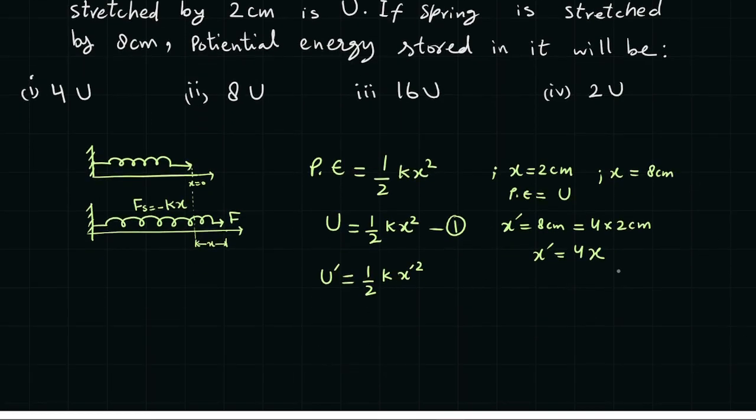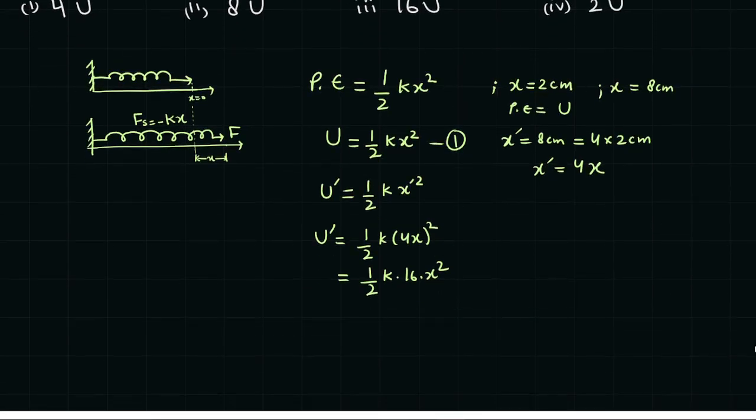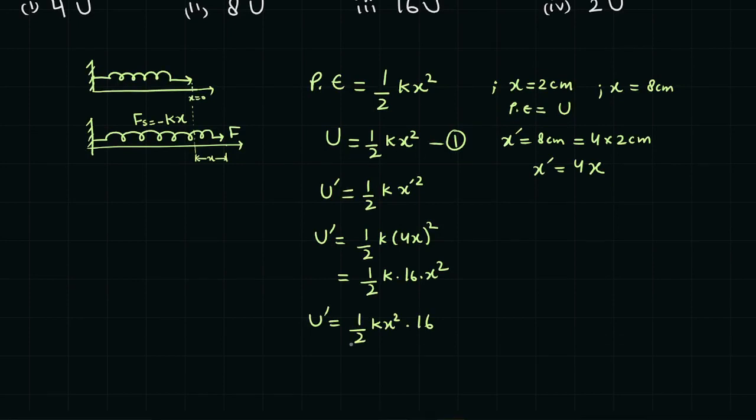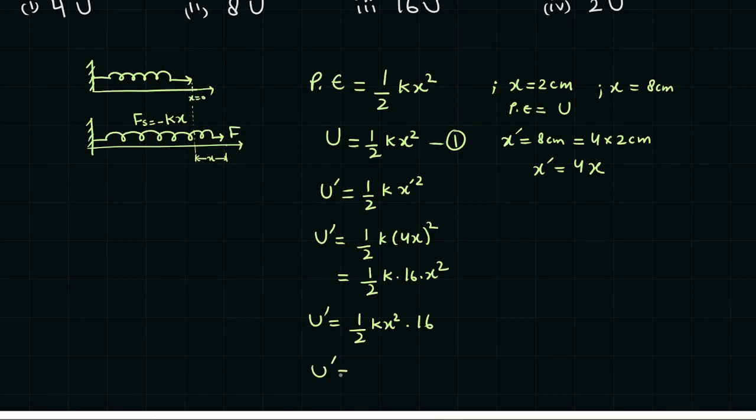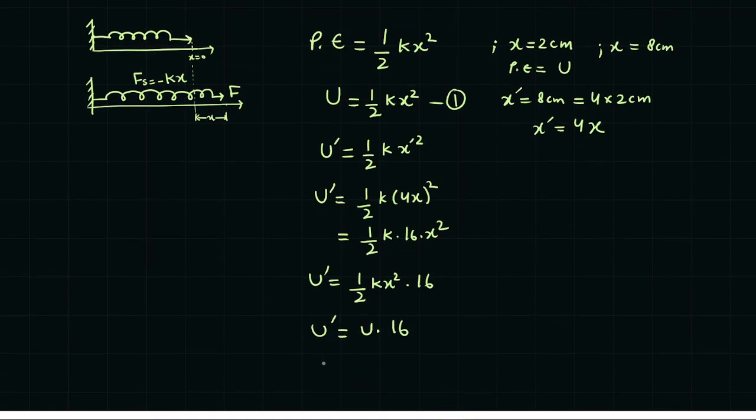We know x dash is 4x, so U dash will be 1/2 k (4x)², that is 1/2 k times 16x², or U dash is 1/2 kx² into 16. We know the value of U is 1/2 kx², and we can substitute it here. U dash will be U times 16, or U dash is 16 times U.